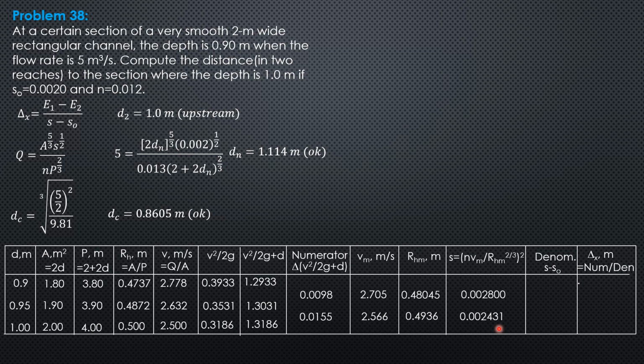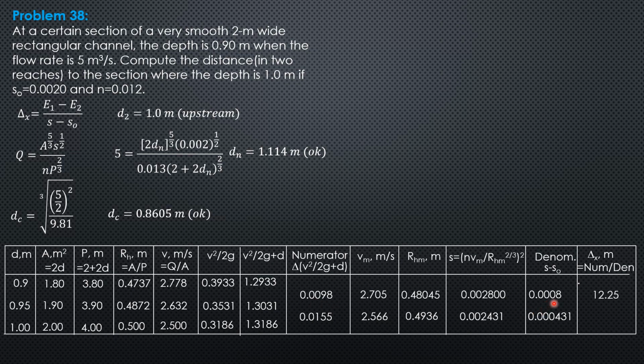That's 0.002431. The denominator is S minus SO. 0.0028 minus 0.002 is 0.0008. Then 0.002431 minus 0.002 is 0.000431.